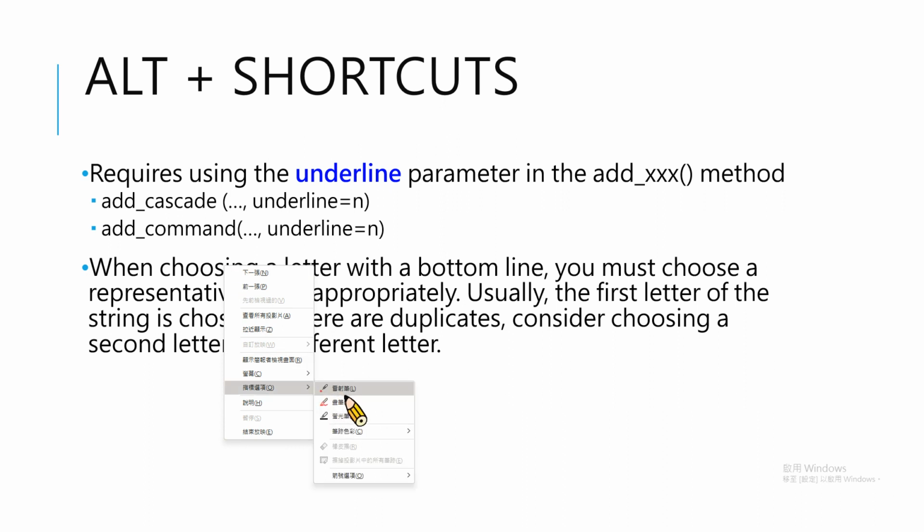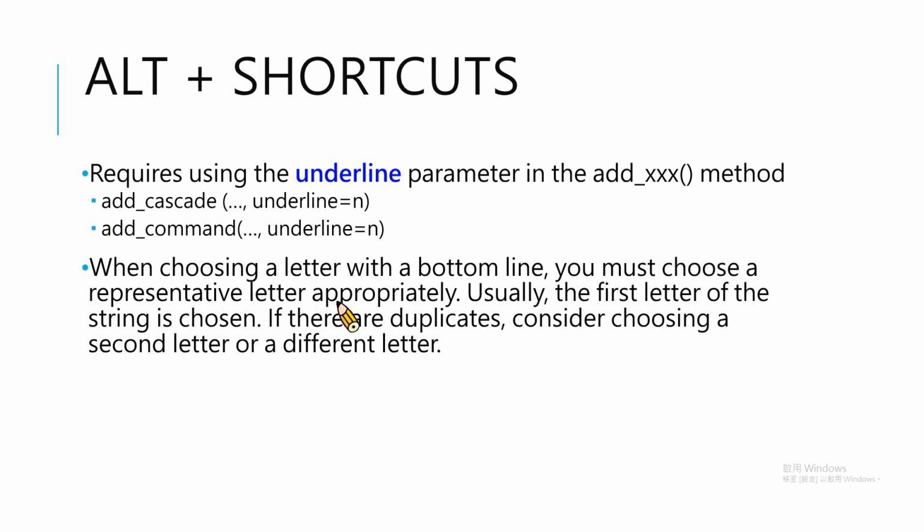How do we write the program using the ALT shortcut key? It's very simple. When you create the menu item, use the parameter underline, and you assign the underline value to be the index value of the shortcut key character.